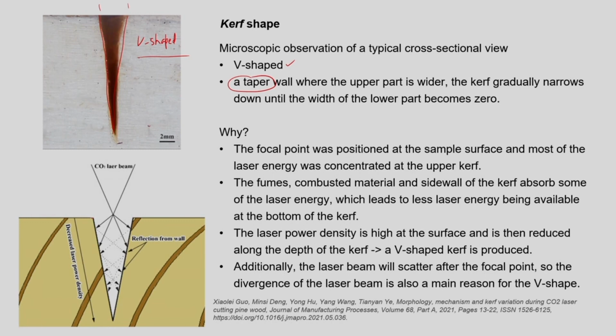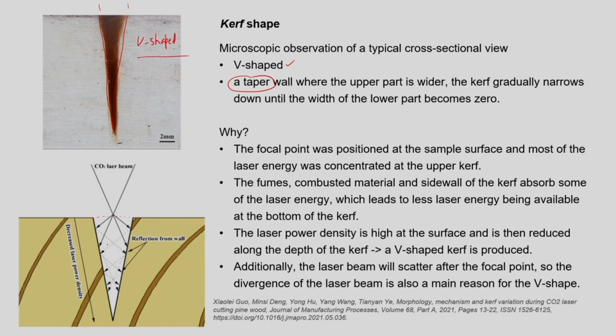So, we are focusing the laser over here. Naturally, the density of the laser beam would be higher at the top surface, and due to that concentration of high laser beam, we are getting more ablation, more melting and vaporization at the top surface.